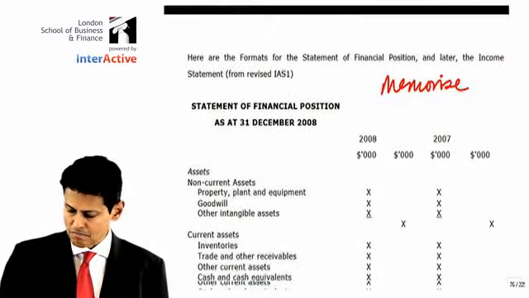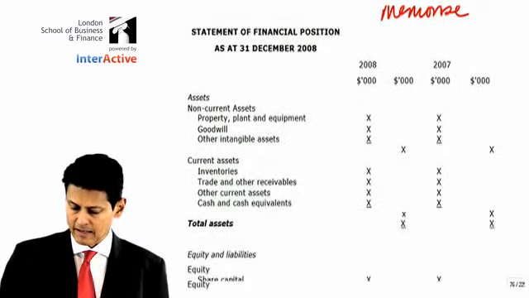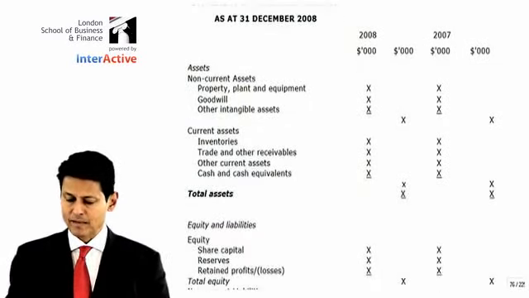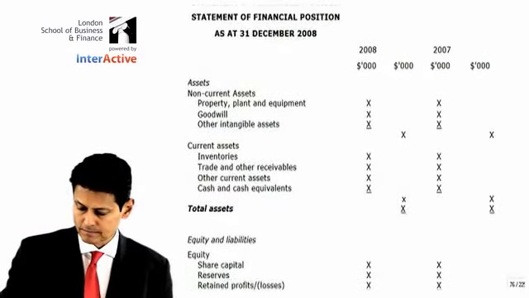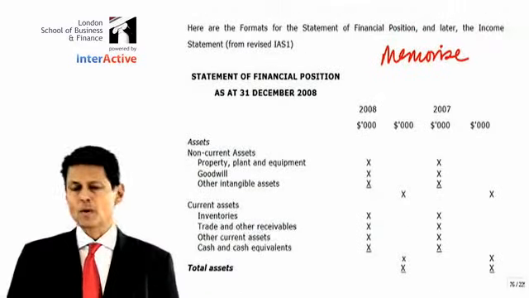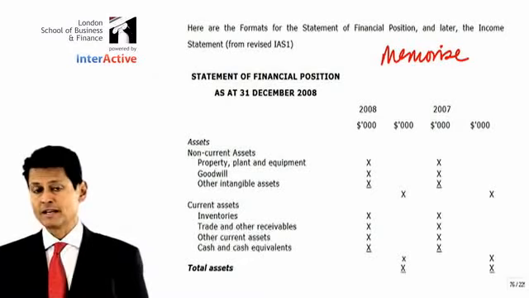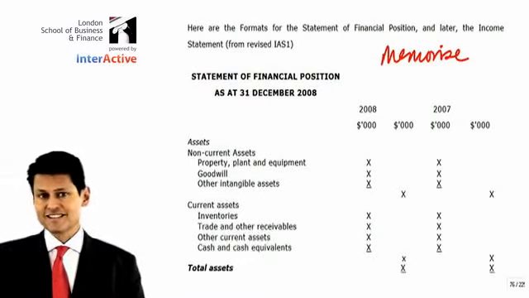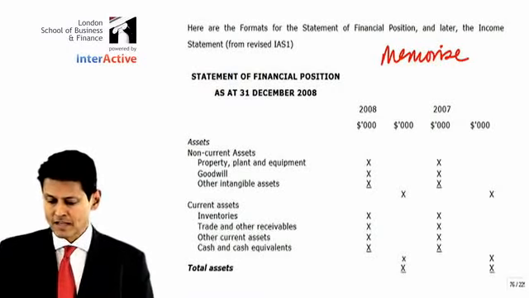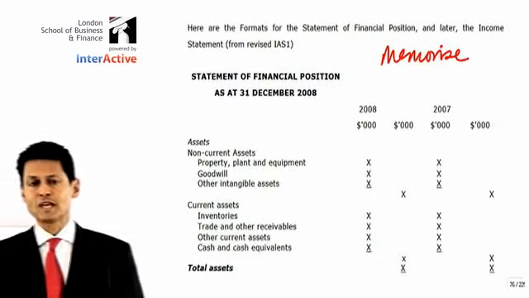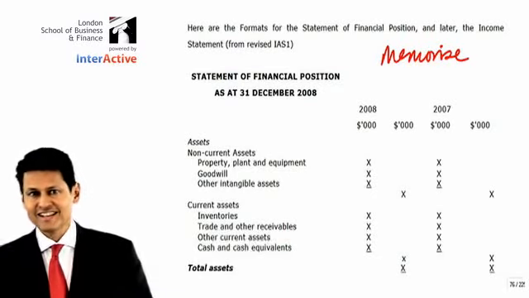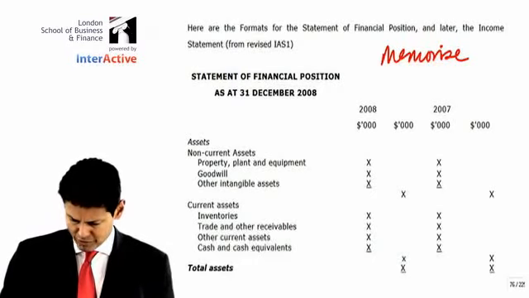By heart, you must learn the SFP format. This should be quite easy for you because we've just been doing consolidations in the previous chapters. So this is a single company, which, if anything, is easier than doing groups of companies, of course.